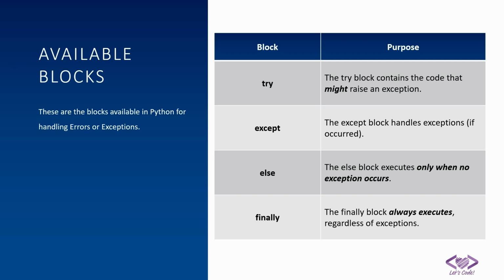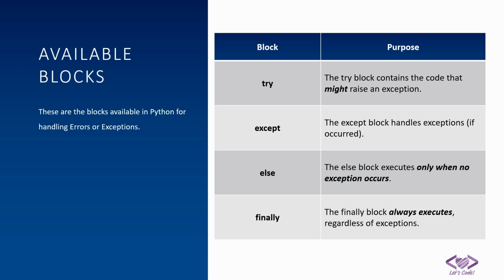When you open a file, whether an exception occurred or not, finally you are supposed to close the file. Similarly, if you have started a connection to a database, then irrespective of whether an exception occurred or not, finally you should be closing that connection. Such kind of code, usually we put inside the finally block.